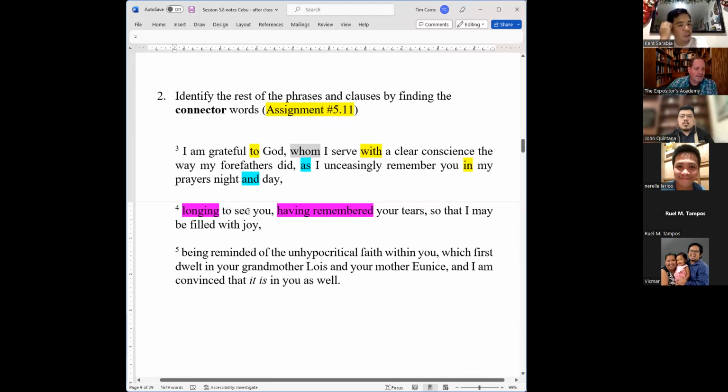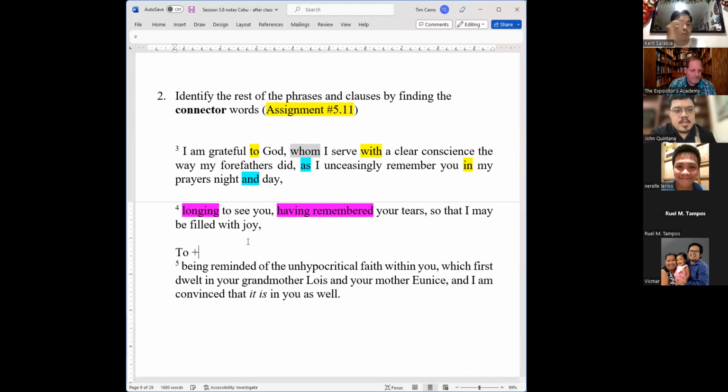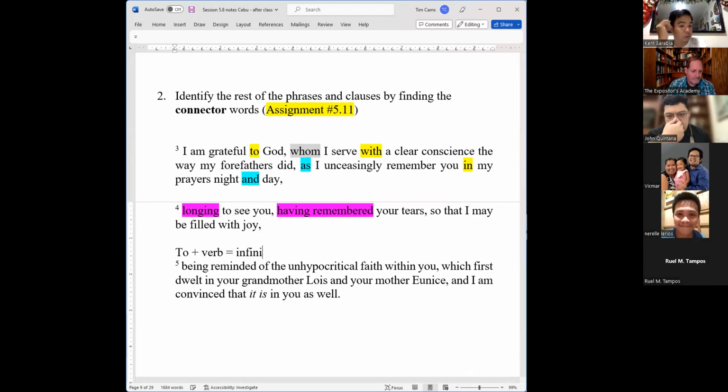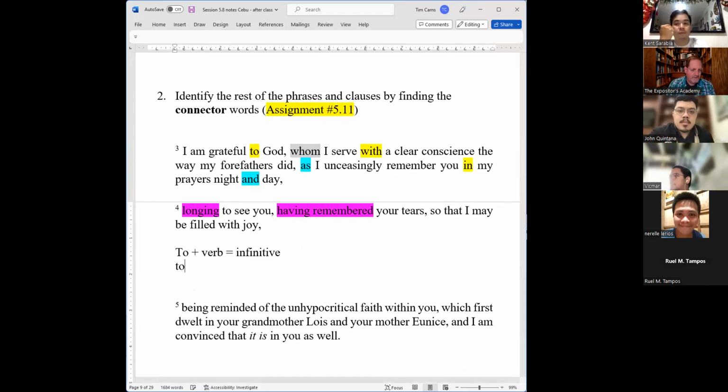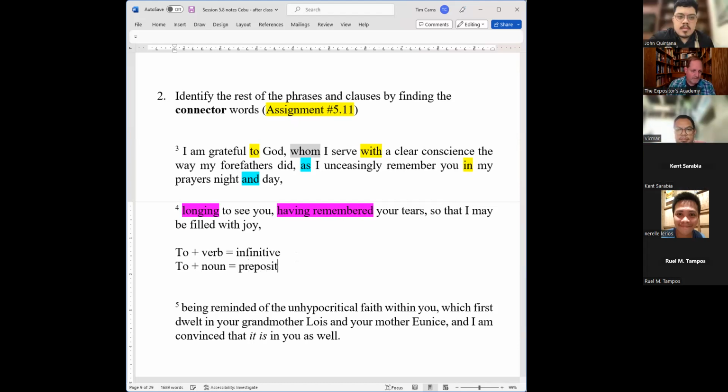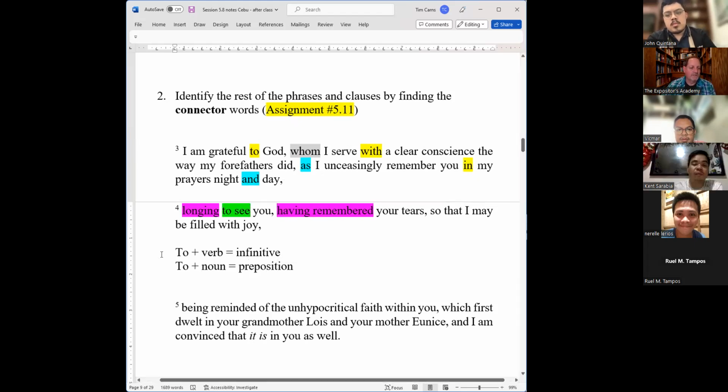Whenever you have "to" plus a verb, that is an infinitive. If you have "to" plus a noun, that "to" is a preposition. So in this case, "to" is not a connector word here. It's actually an infinitive, which I put in green.